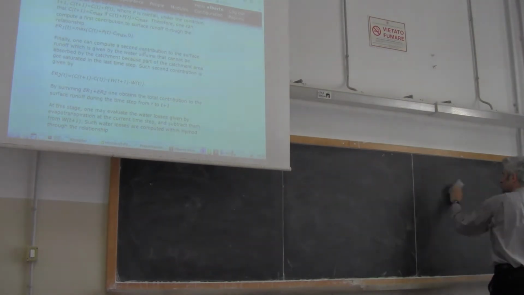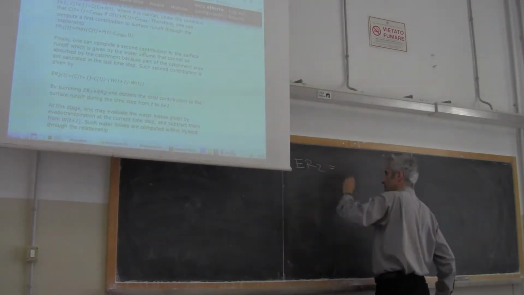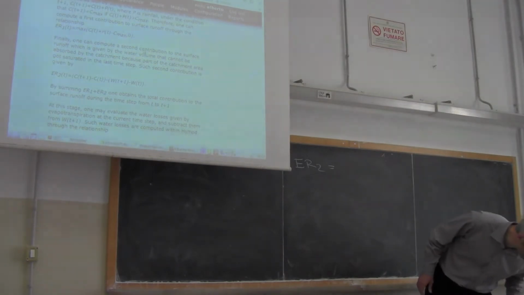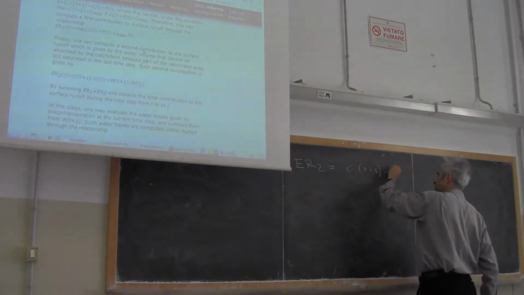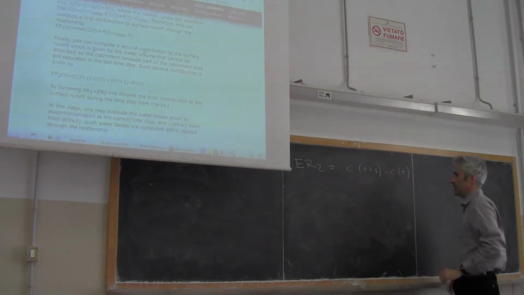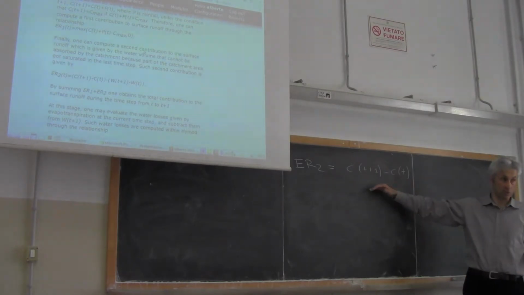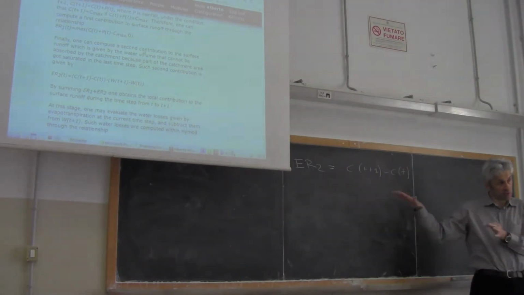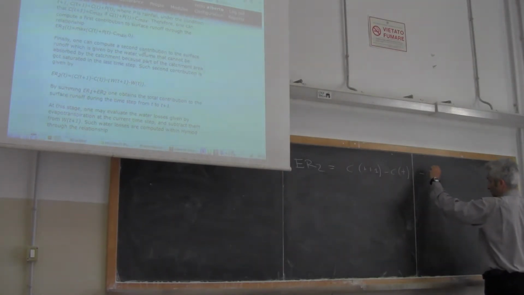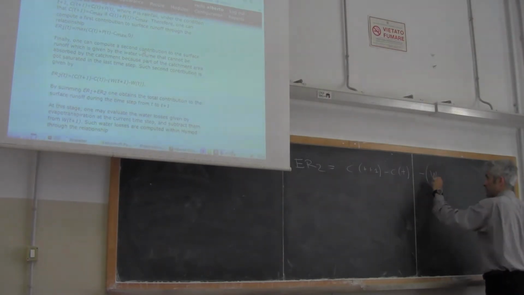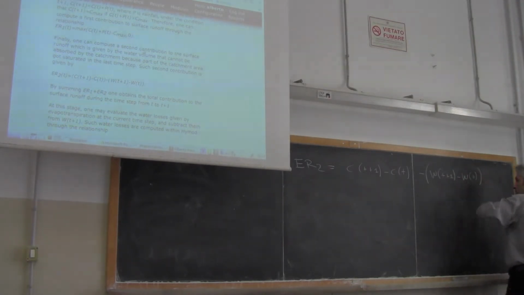Let me define a second contribution to surface runoff, which I call ER2, which is equal to, let me use the same symbols, Ct plus 1 minus Ct, and this is basically the rainfall that has fallen from t to t plus 1, so the rainfall that has fallen in the considered time step, minus, let me open a parenthesis, Wt plus 1 minus Wt.